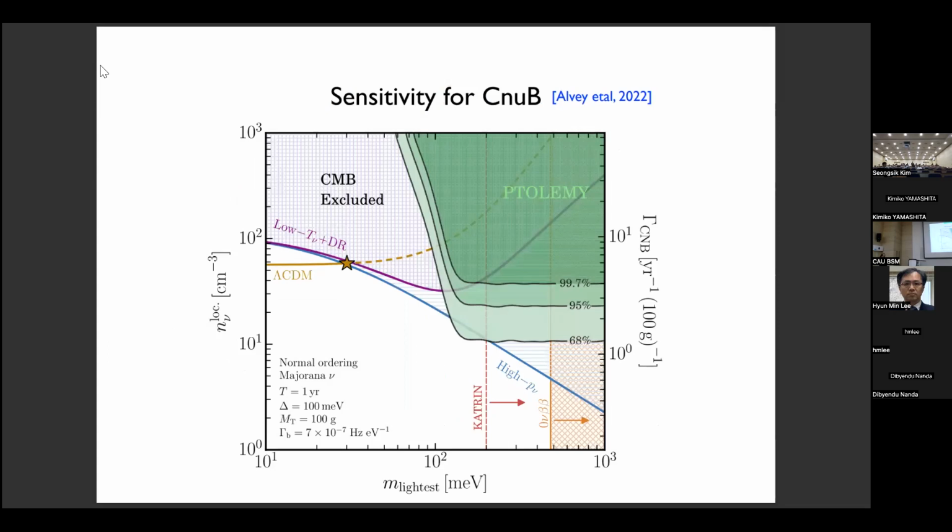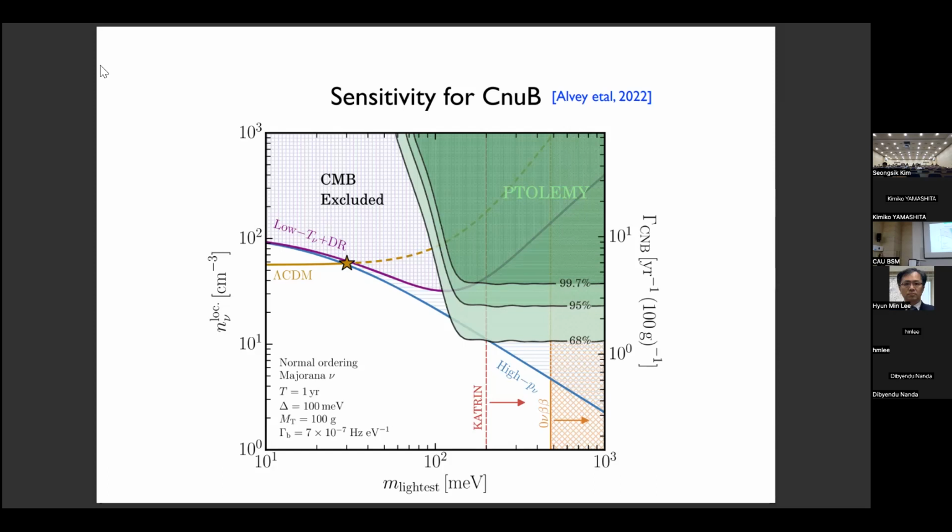This is the mass of the lightest neutrino, 100 milli-electron volt, and this is a local neutrino number density. Local means the neutrino number density around the solar system, around the Earth actually, because massive particles can be localized in the galaxy, so the number density can be enhanced compared to the average in the universe. But I will explain more later.